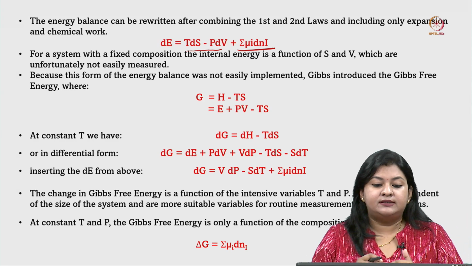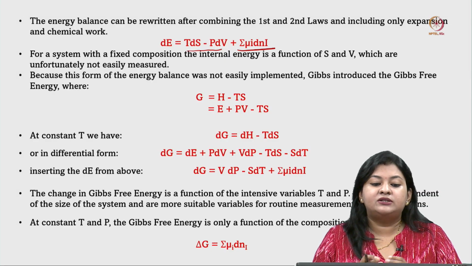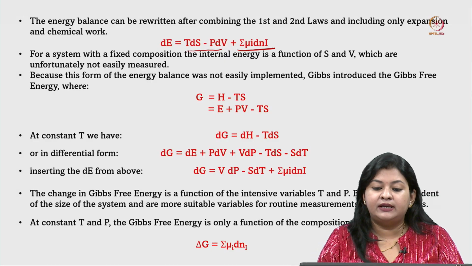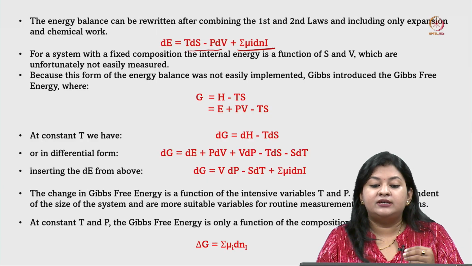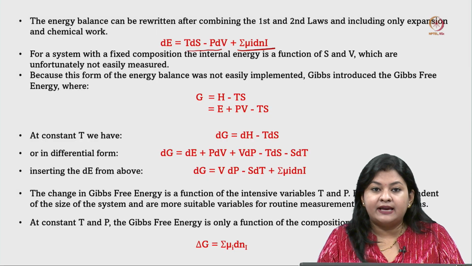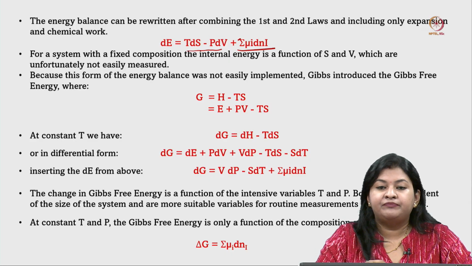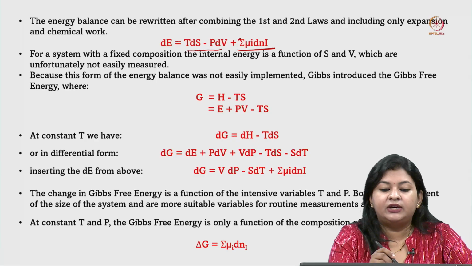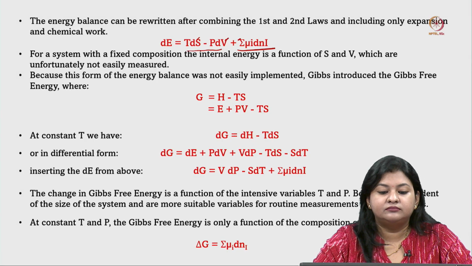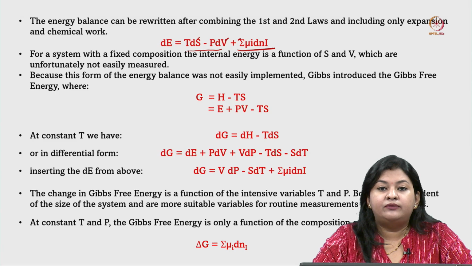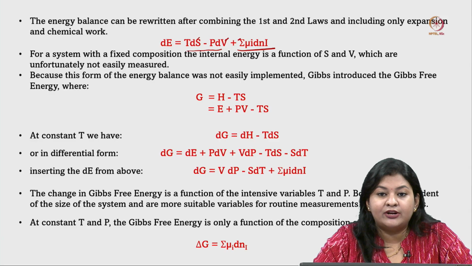Now, for a system with a fixed composition, the internal energy is a function of S and V. If the chemical composition is fixed, then changes happen only in those two terms. Then you are trying to measure delta S, which is the change in entropy.